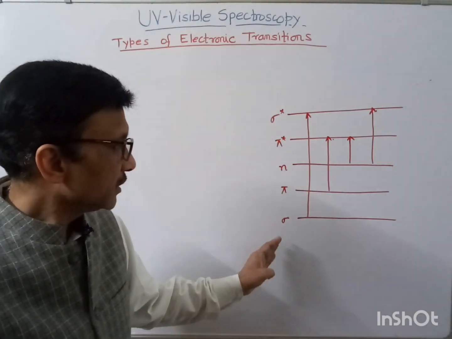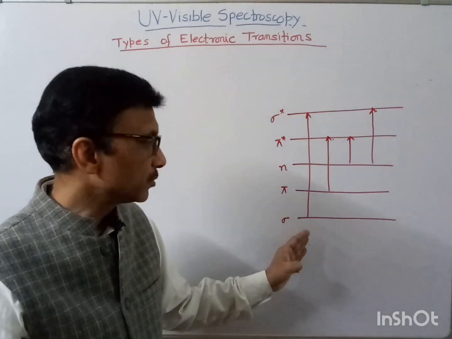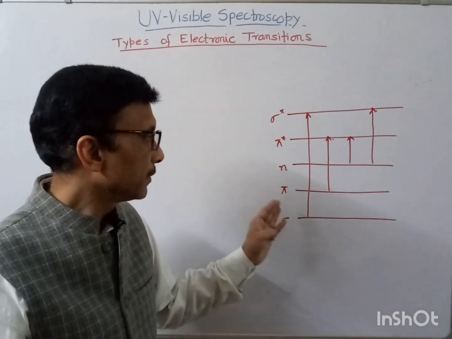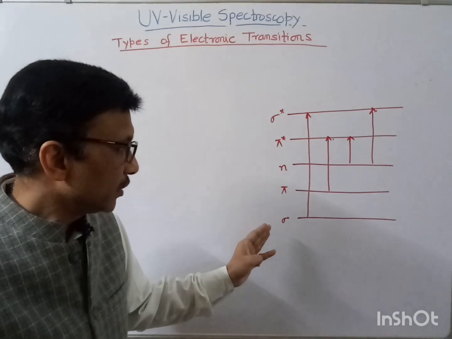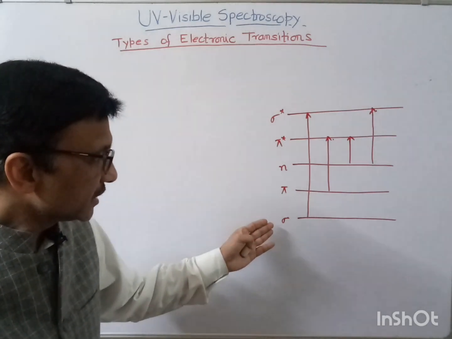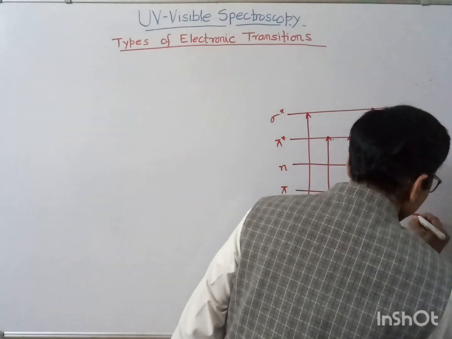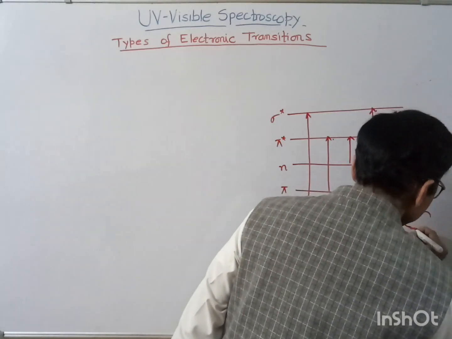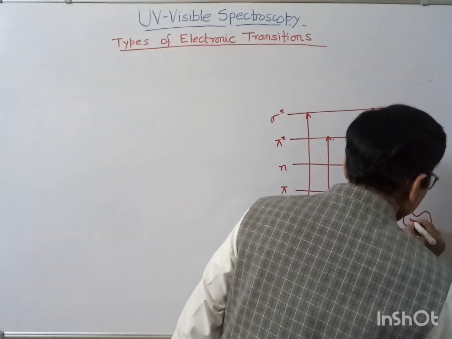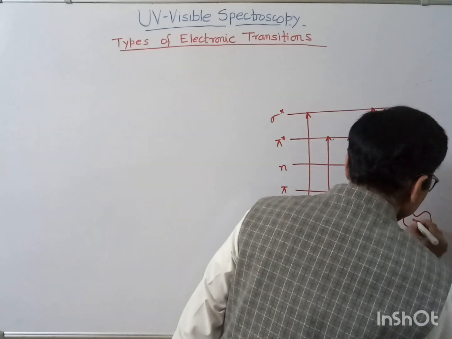Now, if you see the molecular orbitals, the sigma molecular orbital and the pi molecular orbital, we can represent the sigma molecular orbital in this way.